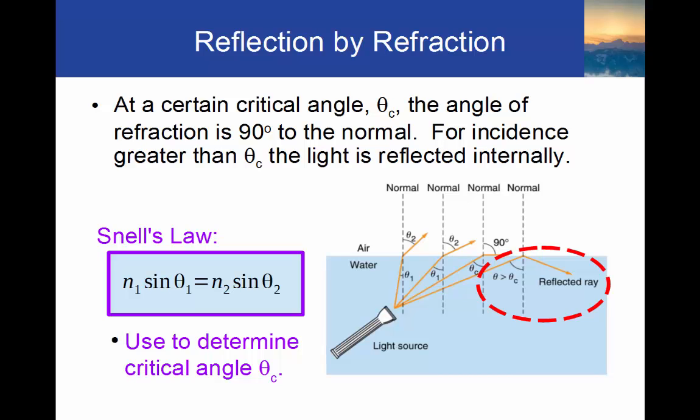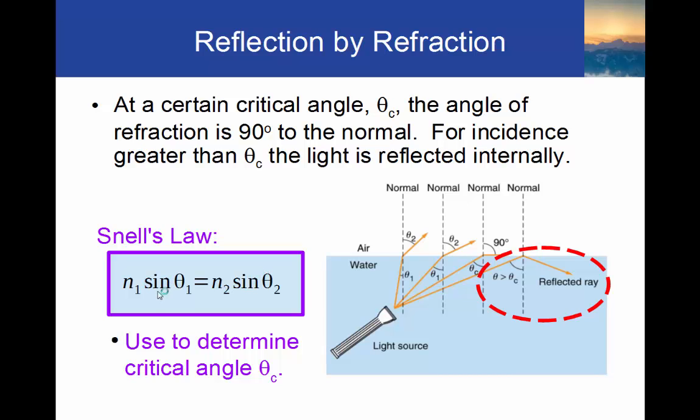Snell's law is telling us that n1 sine theta 1 equals n2 sine theta 2. You get that critical angle because at some point you can no longer take the inverse sine of the angle and get an actual number anymore.